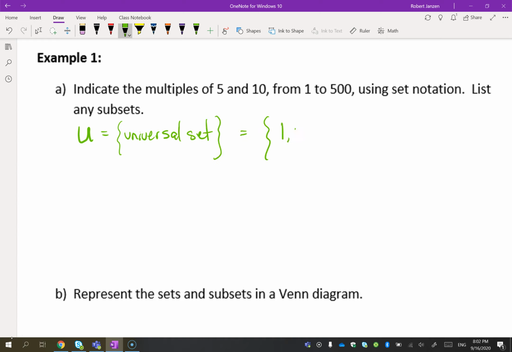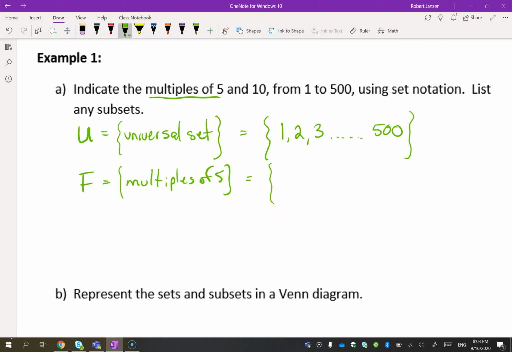It's all of the numbers from 1 all the way to 100. Now we've got some subsets. Let's call it F, just to make it simple. F is the multiples of 5. Okay, so which numbers are the multiples of 5?